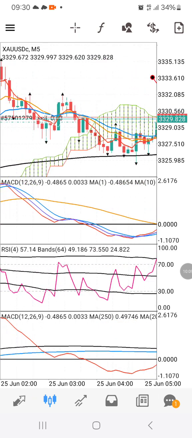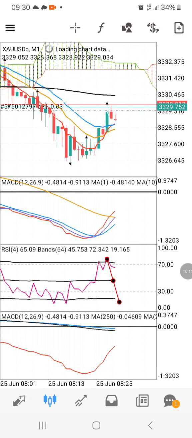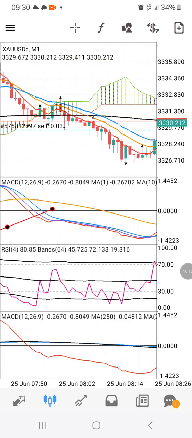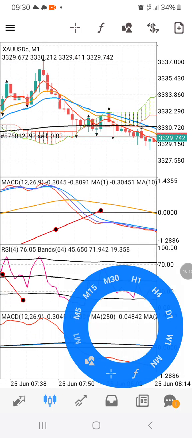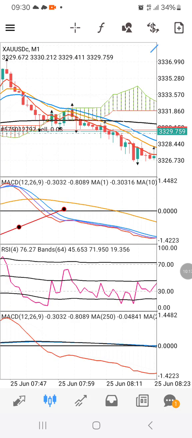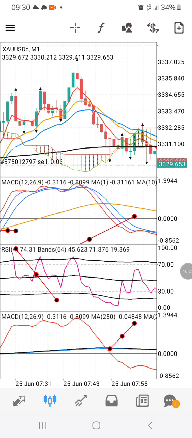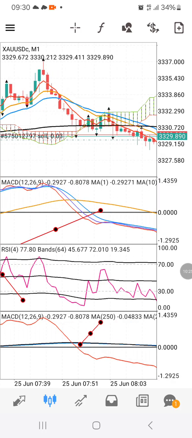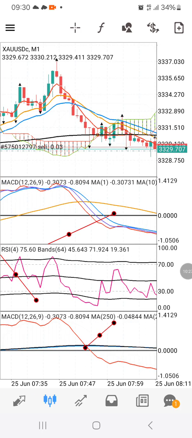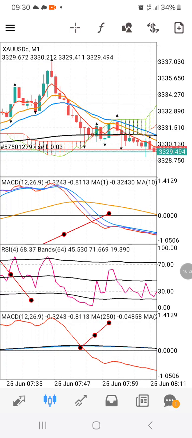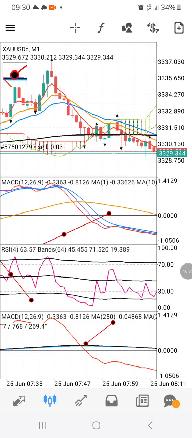Let's go to the 1 minute time frame. When the red moving average, 1 period moving average, crosses below the blue and the black moving averages, that's a signal to sell.